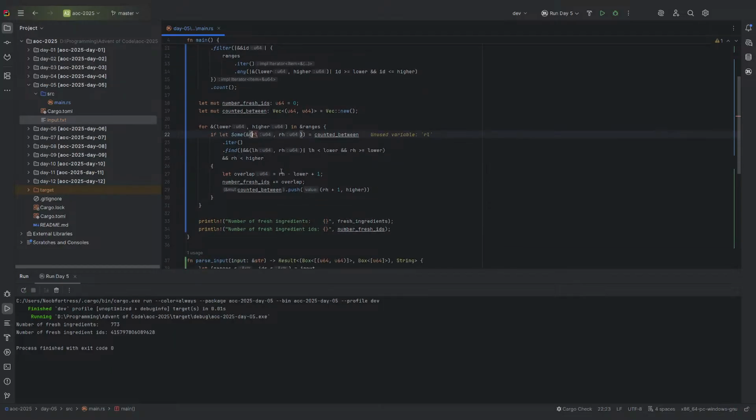Never need the lower one here, do I? Yeah, I think. This check here makes sure that it's not fully contained.